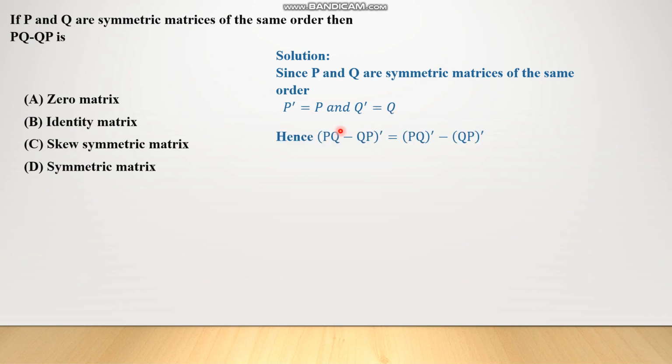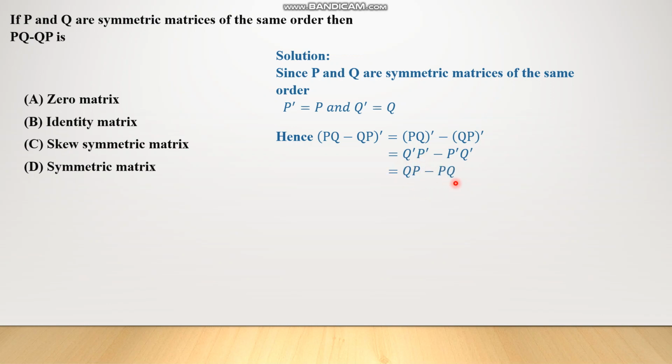Now, let's start with (PQ minus QP) whole dash. That is the transpose of PQ minus QP. When you have subtraction, that can be separated as (PQ) whole dash minus (QP) whole dash. And when you have multiplication, as you know, (PQ) whole transpose is Q transpose P transpose. So here also it will be reversed: P dash Q dash. But Q dash is Q, P dash is P. So we will get QP minus PQ.